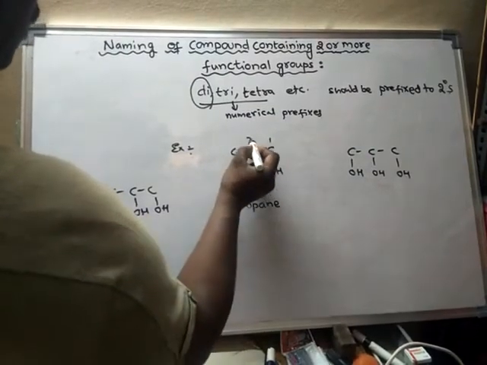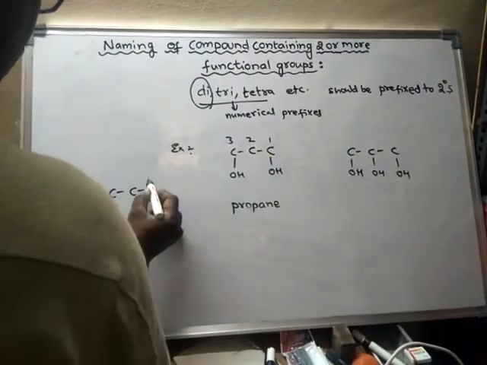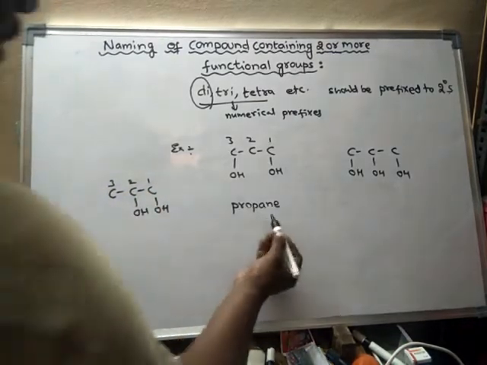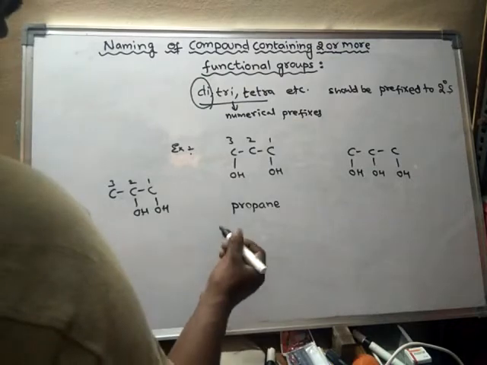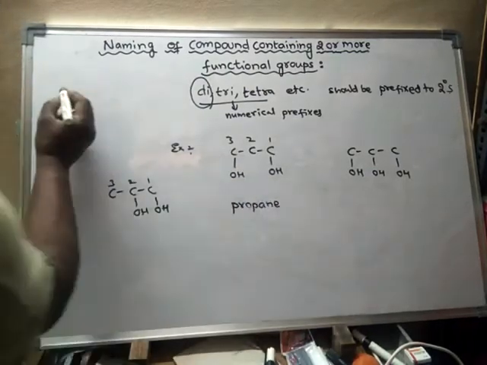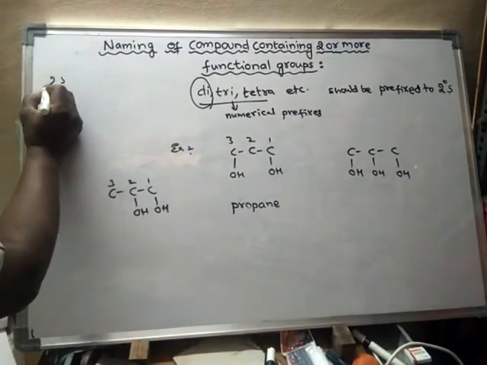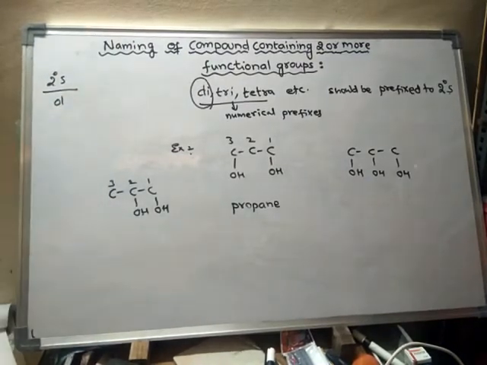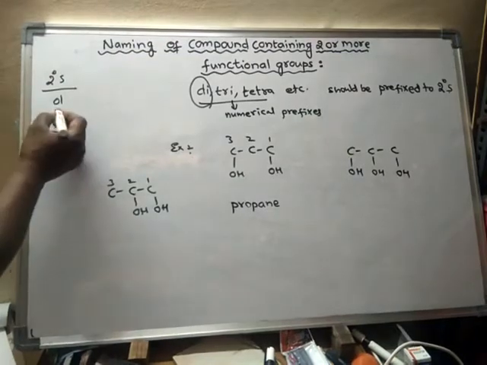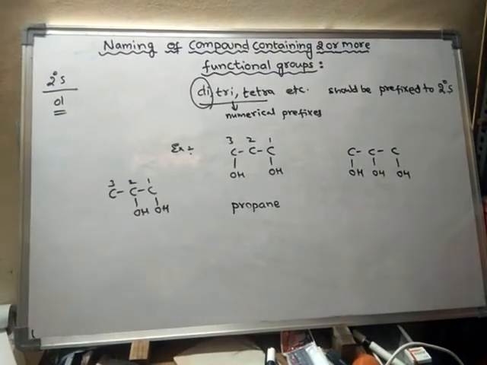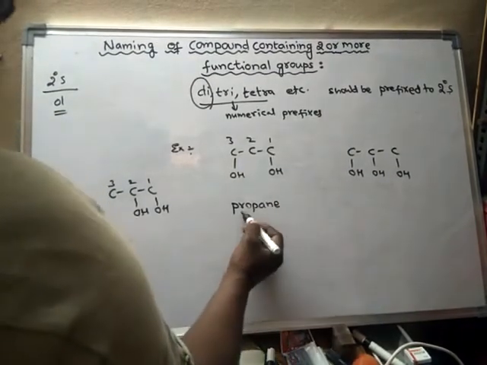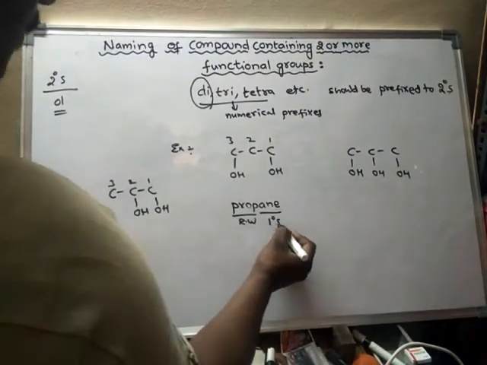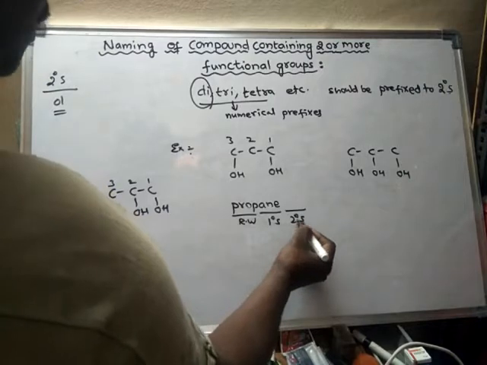1, 2, 3. So propane. Here the secondary suffix for alcohol is ol. So this is the root word, this is the primary suffix, and the secondary suffix is present.